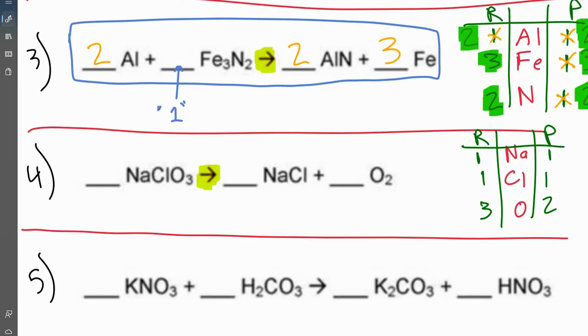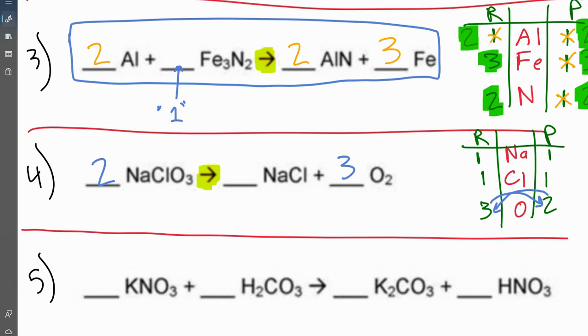The oxygen, the one that there's 3 of them, we swap that over, and the one where there's 2 of them, we swap it over. And those become the coefficients, or what's in front. 3 oxygens needs 2, but 2 oxygens needs 3. Sometimes you'll hear me call that the 3 and 2 switcheroo.